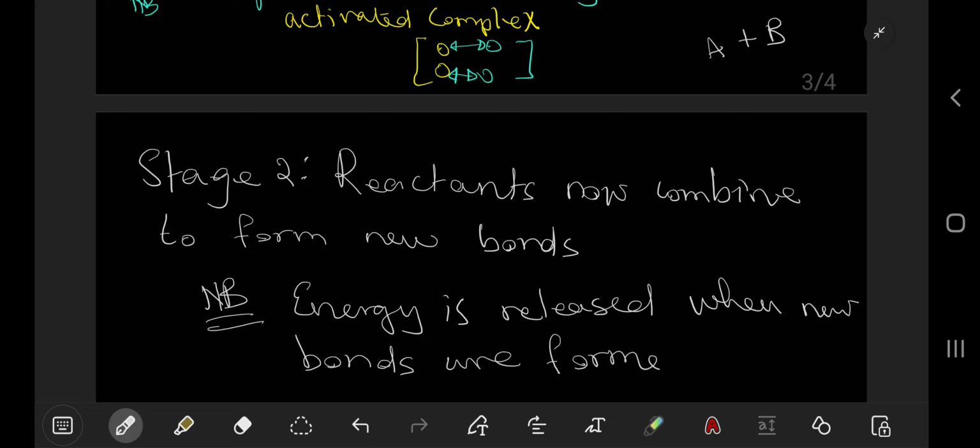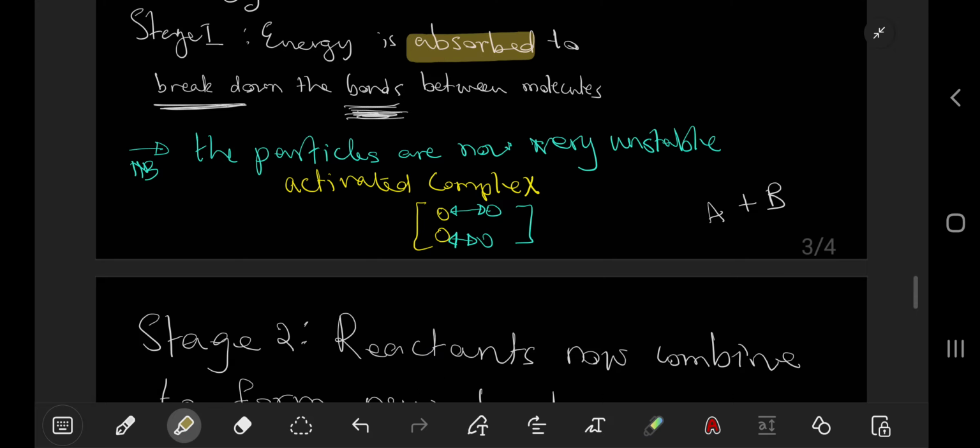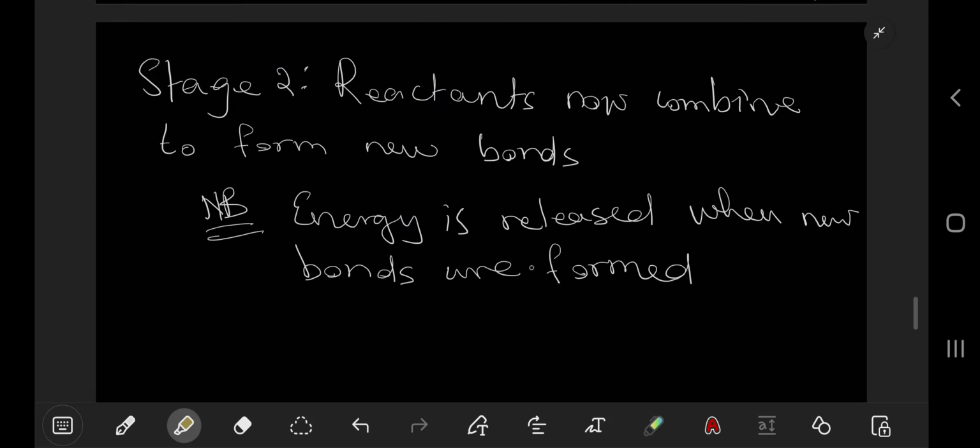But energy is absorbed when old bonds are being broken, right? So when you break down the bonds, energy is absorbed. This is very, very important. Energy is absorbed, but when you form new bonds, energy is released.